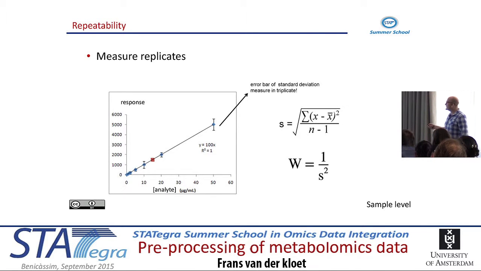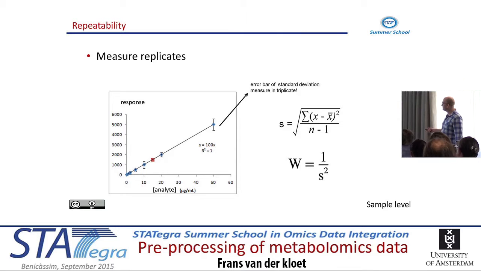Another issue, or how we can get some measure of error, is to look at repeated measurements. What we will find, at least for mass spectrometry data, is that if I increase my analyte concentration, the error will also increase proportionally. So my variation is much larger here than it is here.